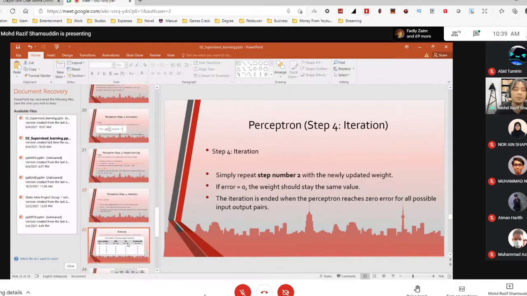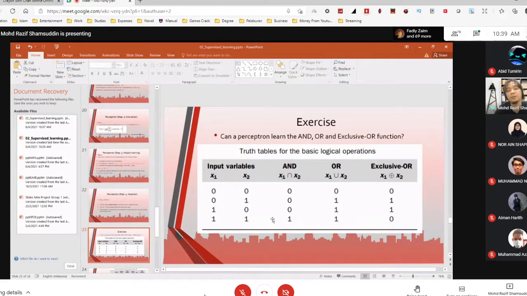So this is the example we have already seen. I've already explained this to group B and C, where both inputs learn to produce the labels given for the basic logical operation truth table, for AND or exclusive OR. Exclusive OR I haven't shown yet.